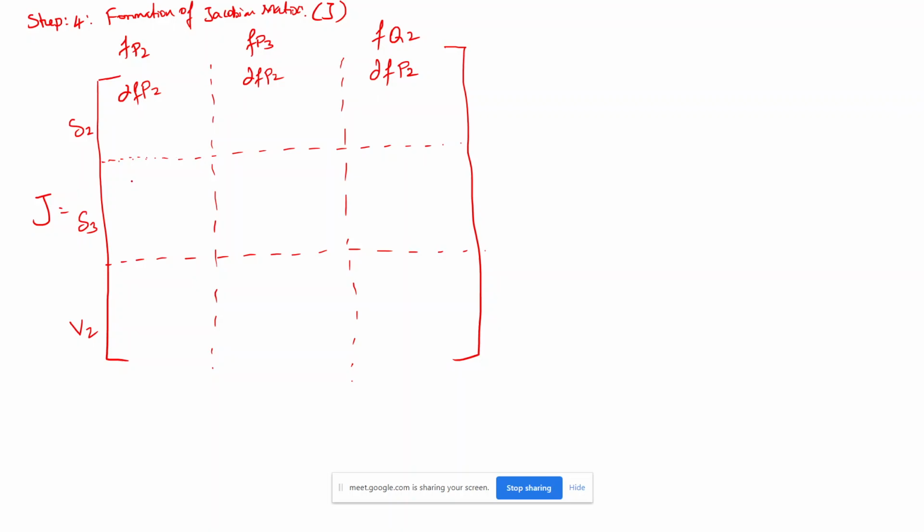Here it is dou FP3. Please note down how I am writing. First I am writing dou FP2 in this whole row, and then here it is dou FP3, and this is also dou FP3, and here it is dou FQ2, dou FQ2, dou FQ2. What I did, I took this and differentiated it and put it here.